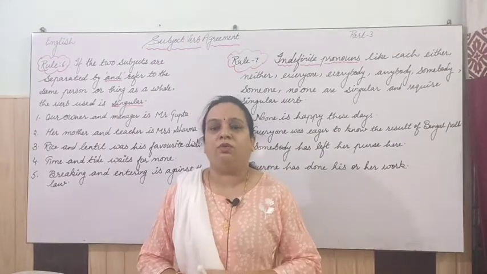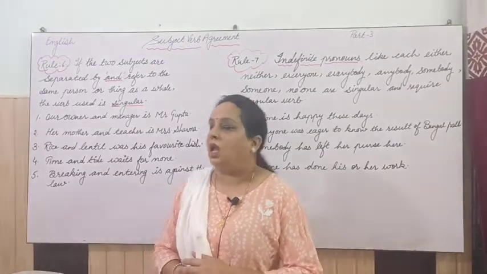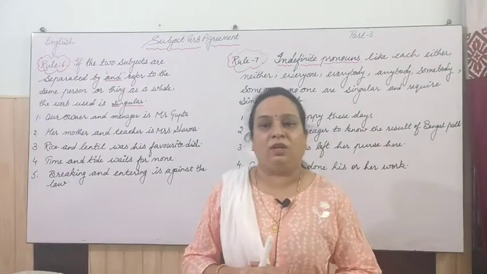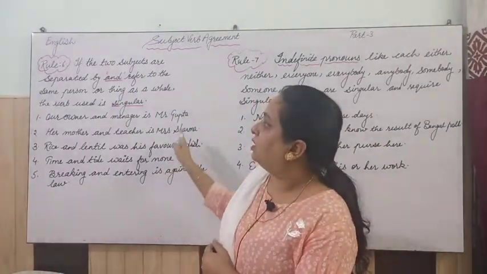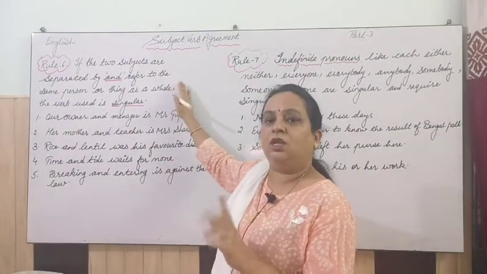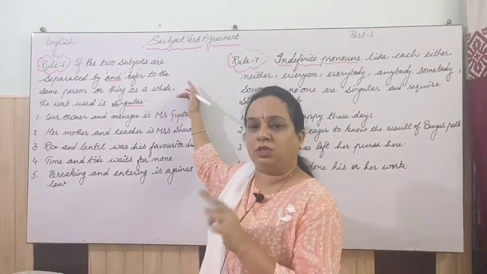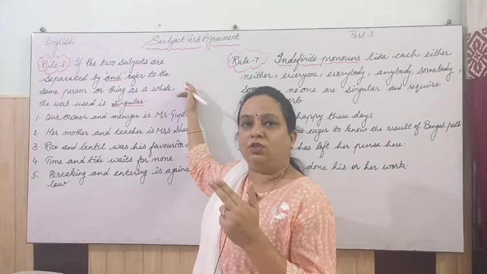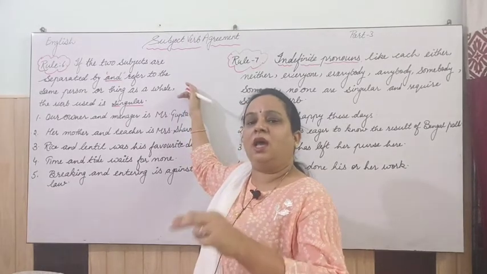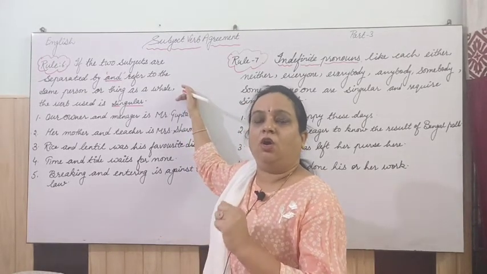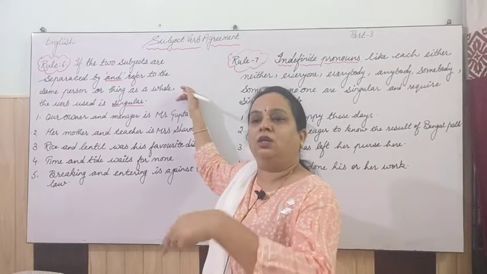If you remember, in the last rule, the 5th rule, this "and" was there to join different singular subjects, like the teacher and the doctor, or the teacher and the manager.